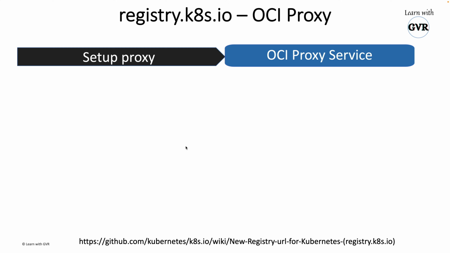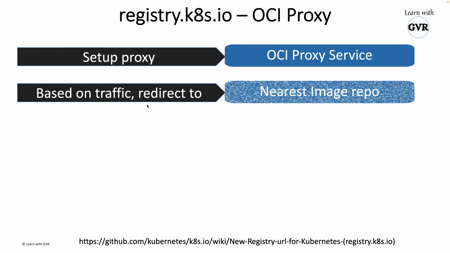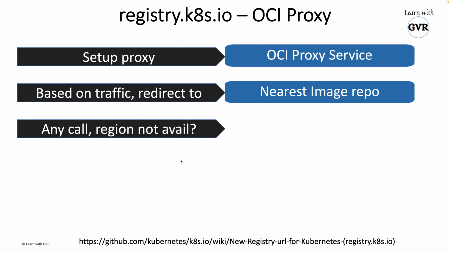That's the actual proxy concept. So the main idea is, based on the traffic, say India or Singapore or US, wherever the traffic is coming from, redirect the kubeadm init request to the nearest image repositories, so that they can reduce the cost of being pulled from the centralized repository.